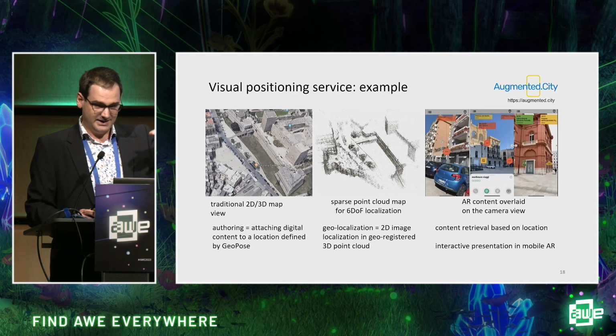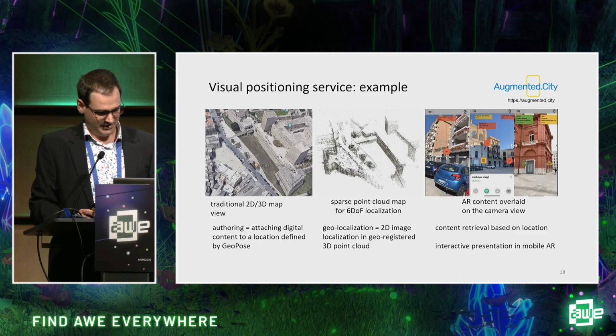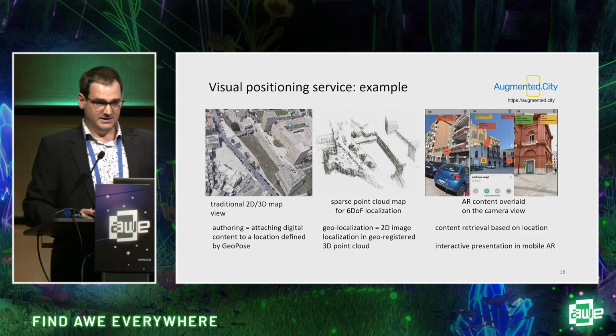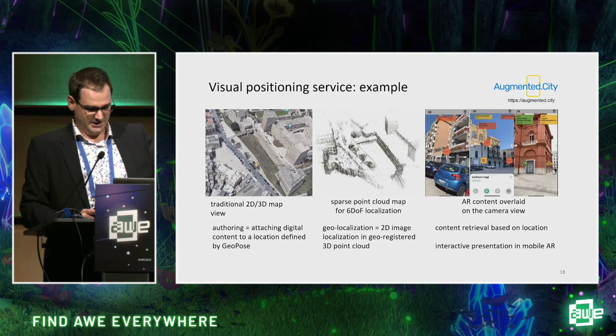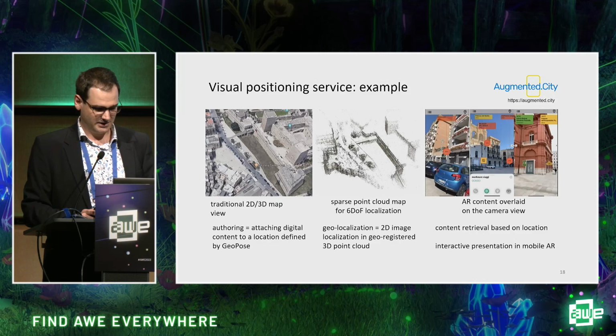And then behind the visual positioning system, there is usually a 3D point cloud representation of the world. This contains not only how different things look in the world, but also some extra metadata. And these point clouds can be geo-aligned with a real map. So if you can localize an image in this point cloud, you can actually localize the camera in the world.